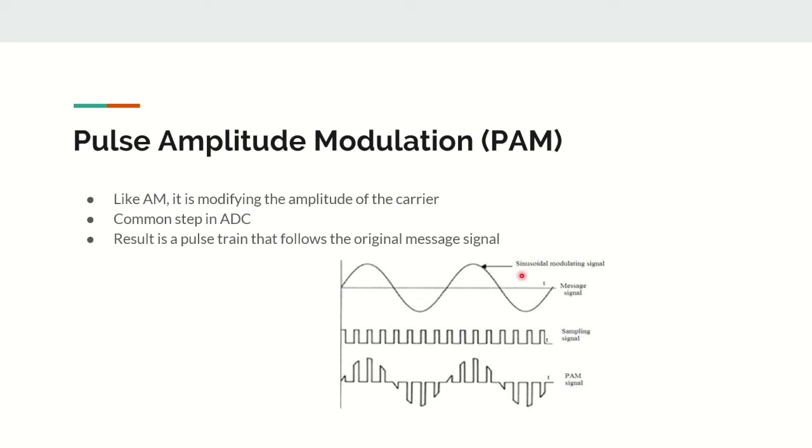We have our input signal, our sample here, and then our PAM signal here. This is a very common step in ADC, so analog to digital conversion, and it results in a pulse train. You may have seen this in ENCM in one of your PIC labs, I believe the second PIC lab.